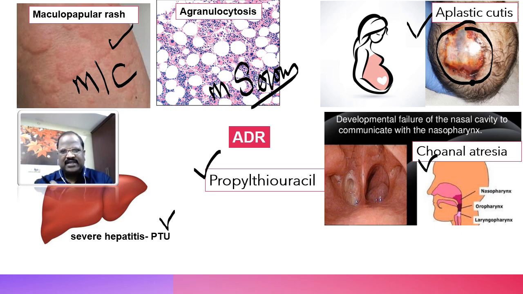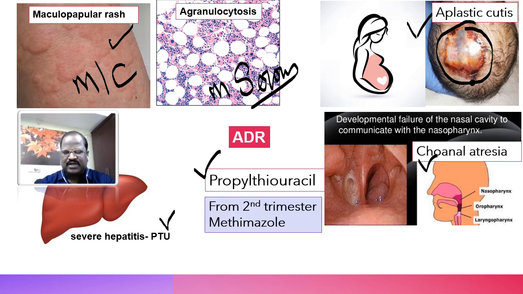But in the second and third trimester, the baby's liver develops, and liver organogenesis occurs. We know propylthiouracil is strongly hepatotoxic, so we cannot continue it throughout the pregnancy. It is better to go for methimazole from the second trimester.